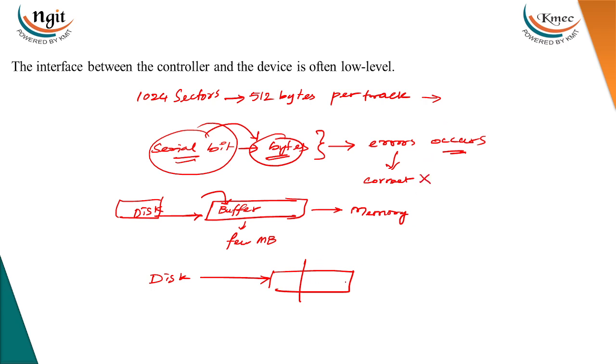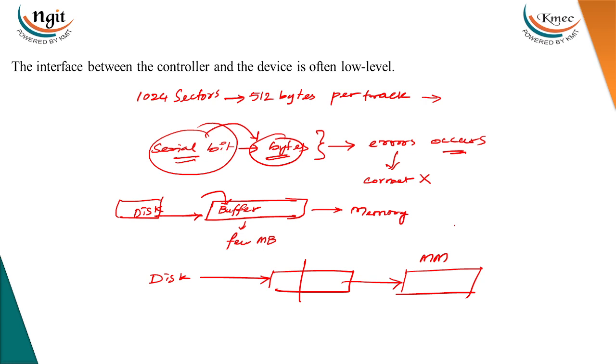Once it finds that there are no errors, the data will be stored into main memory. All modern disk controllers have a few megabytes of buffer.